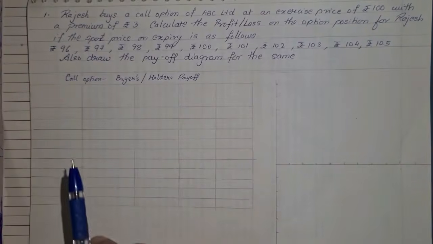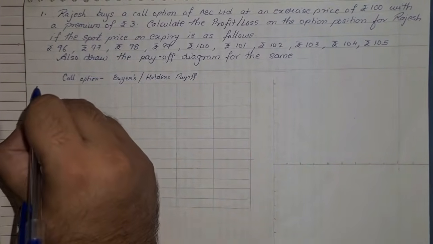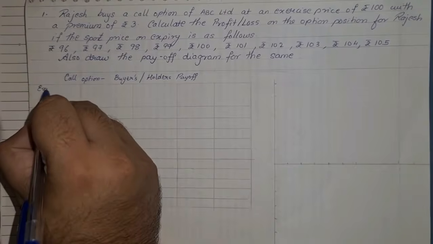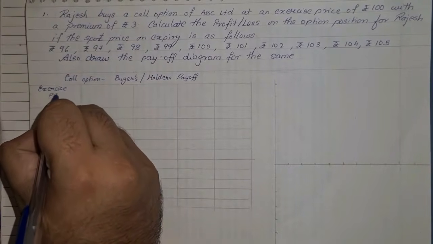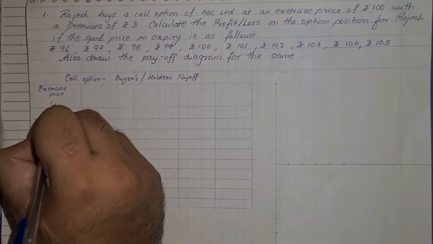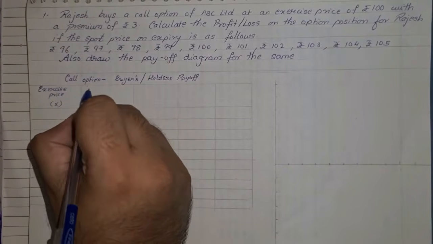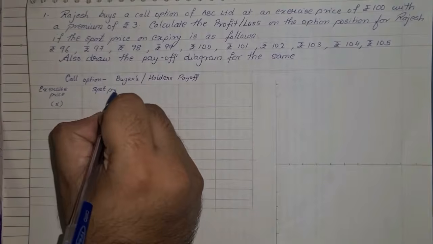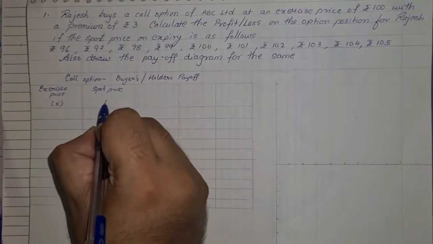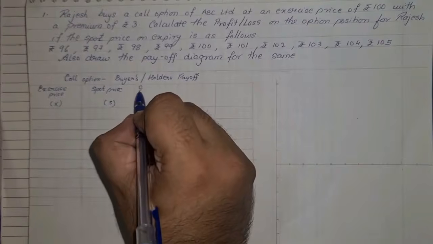Okay, now remember we'll have to create a table which will have basically 5 columns. So the first column, the heading will be exercise price, and we'll give an abbreviation for it as X. The second column will be spot price. We'll abbreviate it with S. The third column will be intrinsic value.